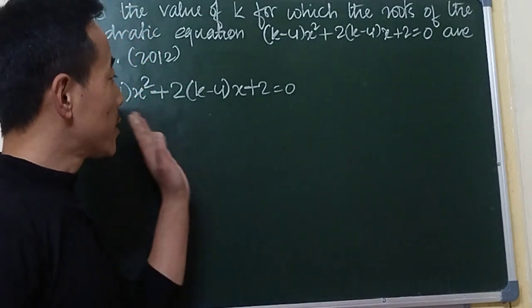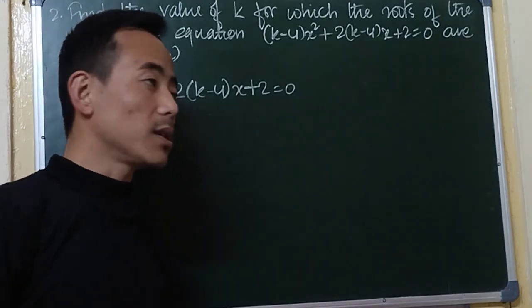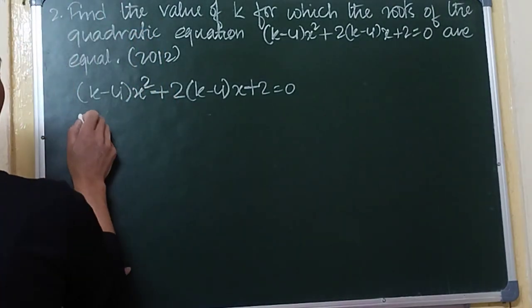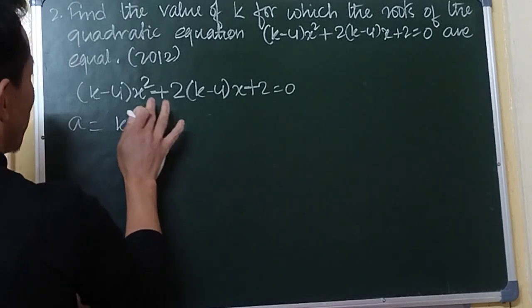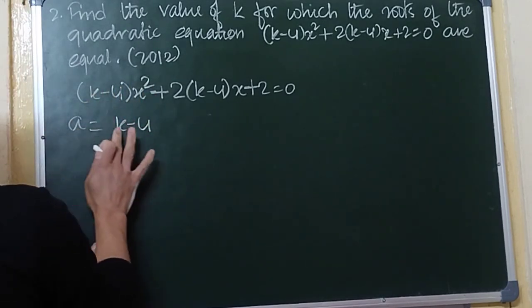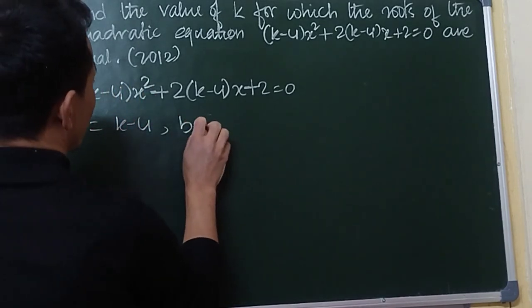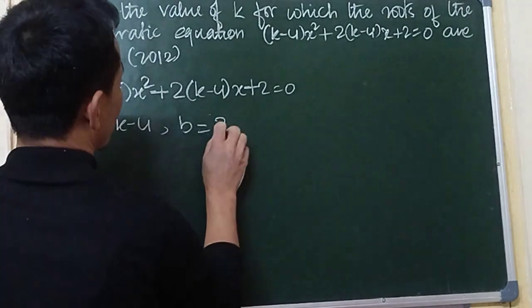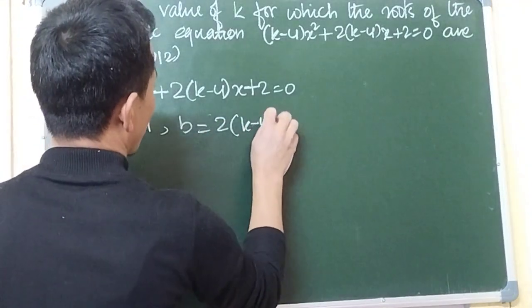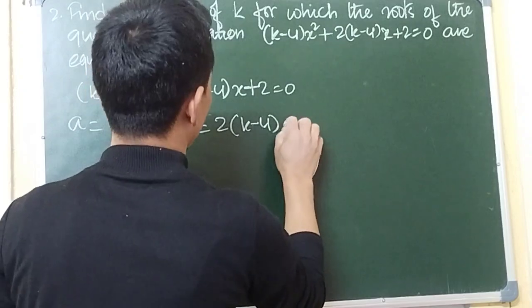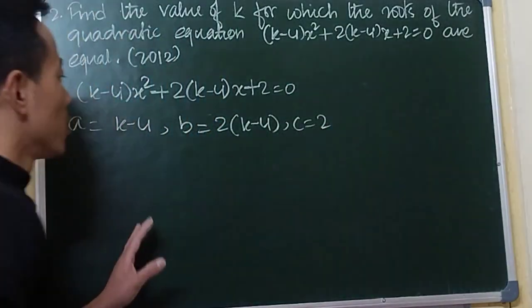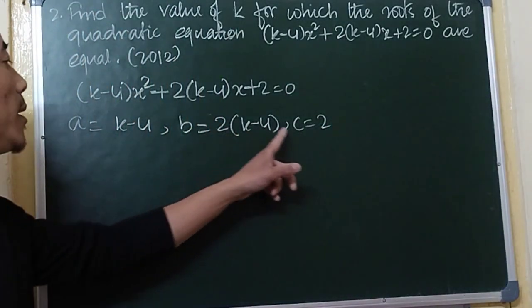It is given in the standard form itself. So just write down the values of a, b and c. The coefficient of x square is a, so a is k minus 4. The coefficient of x is b, so b is twice of k minus 4. And the constant or the real number c here will be 2. So we have the values of a, b and c.